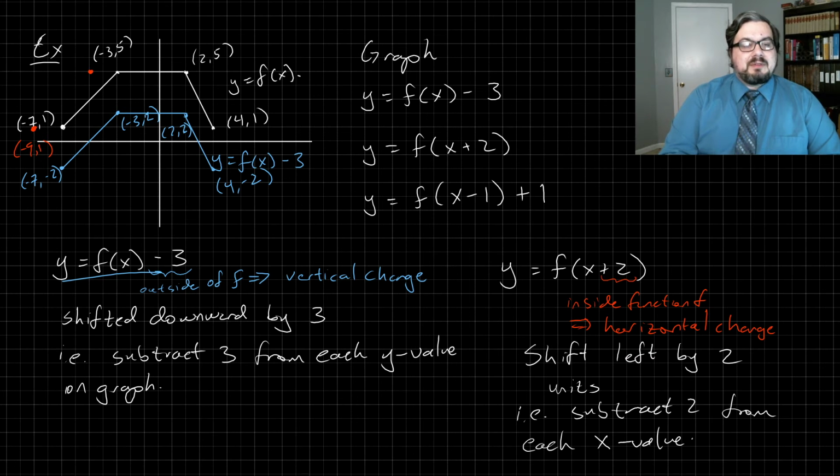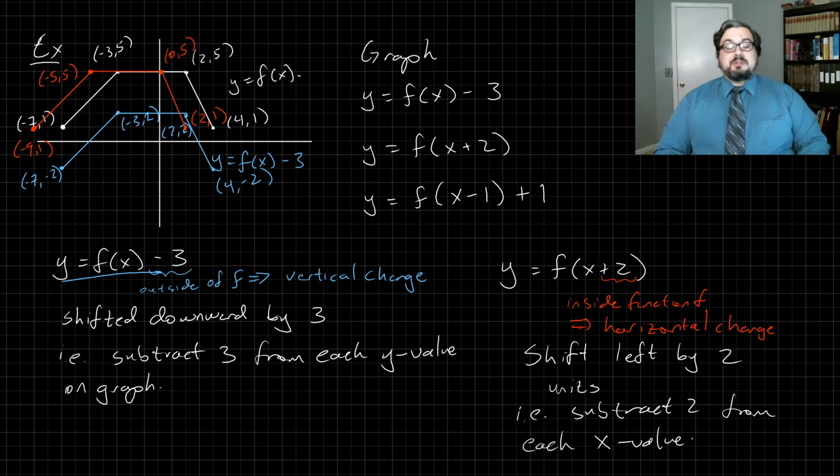The point (-3, 5) gets shifted over to (-5, 5). The point (2, 5) gets shifted over to (0, 5), and the point (4, 1) gets shifted to the point (2, 1). And so here we've just shifted everything to the left by 2. The shape of the graph is still the same. It's just been shifted to the left by doing this.